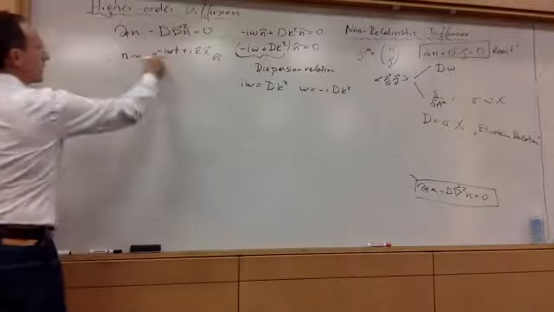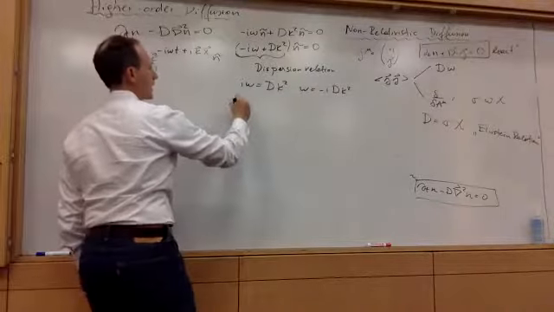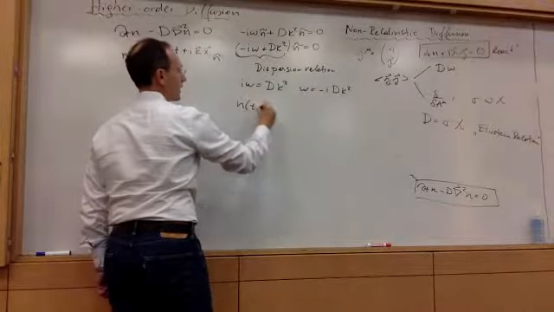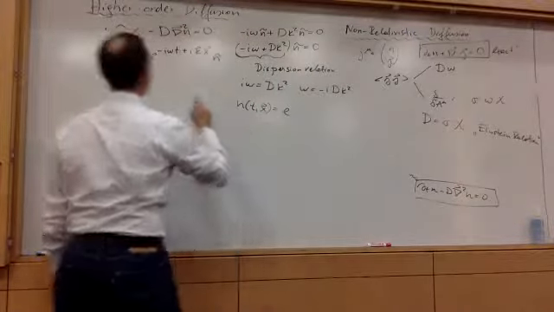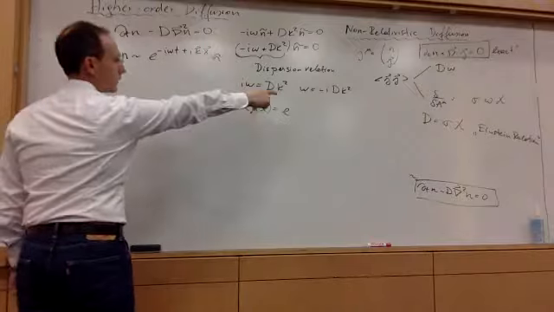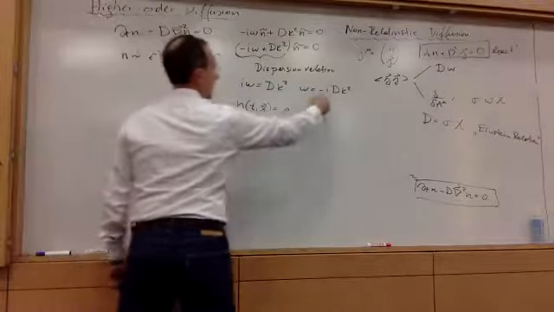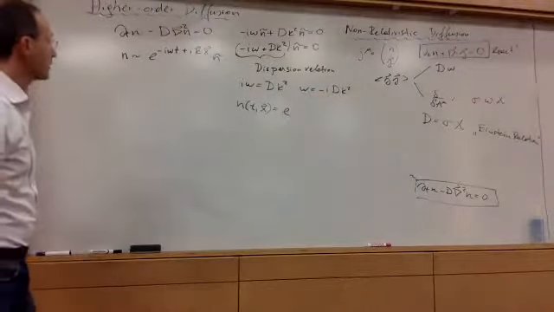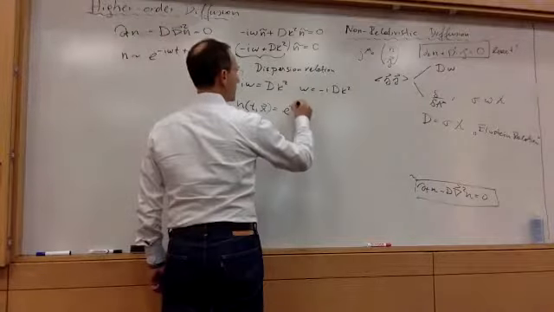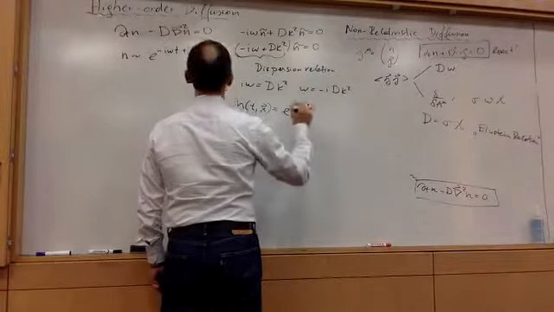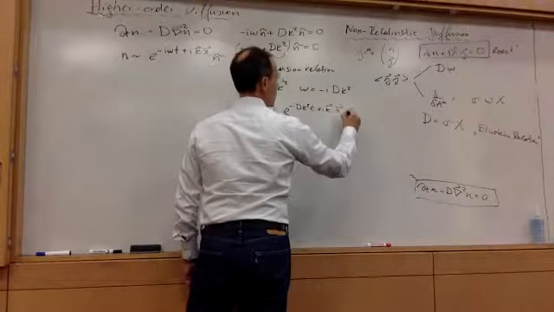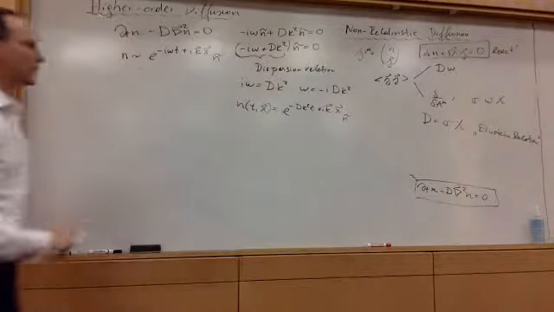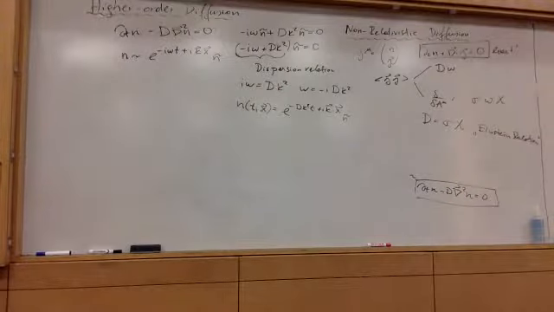I can plug this back into my solution here, and it says that n, now let me restate the space-time parts here, is equal to e to the minus i omega, so minus i times minus i is minus 1. So I get minus d k squared t plus i k dot x times my n twiddle here. That's my solution for the diffusion equation.